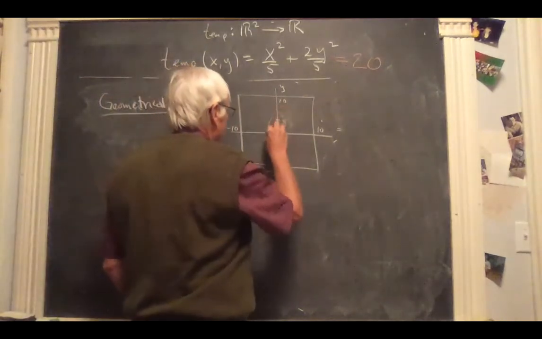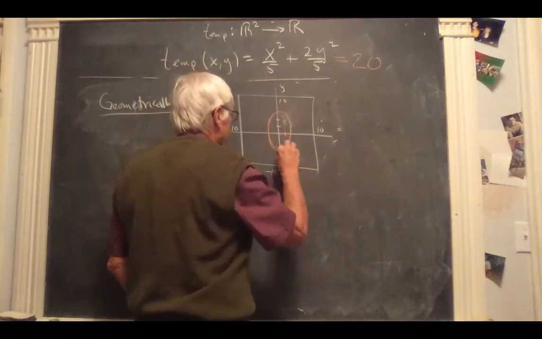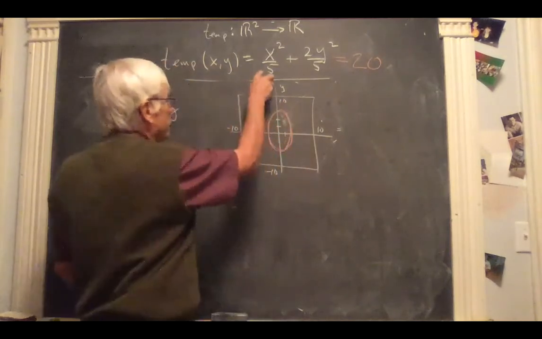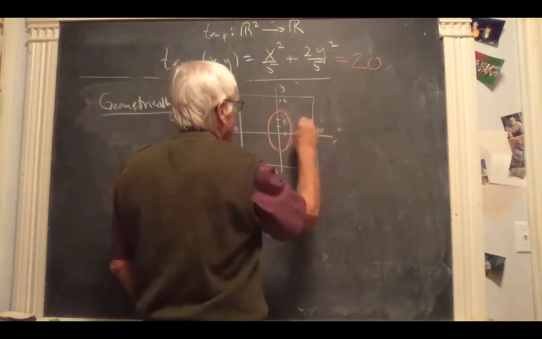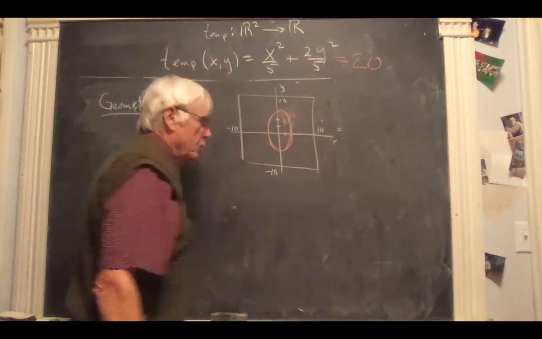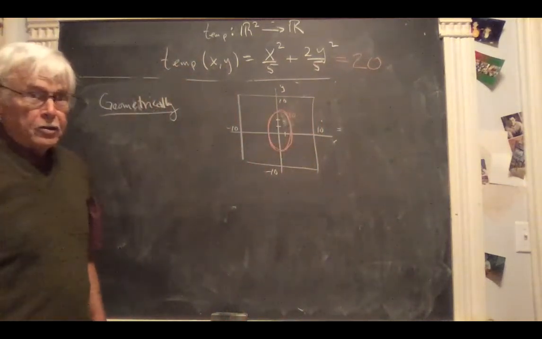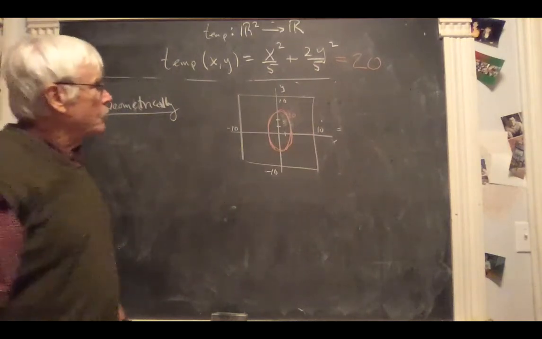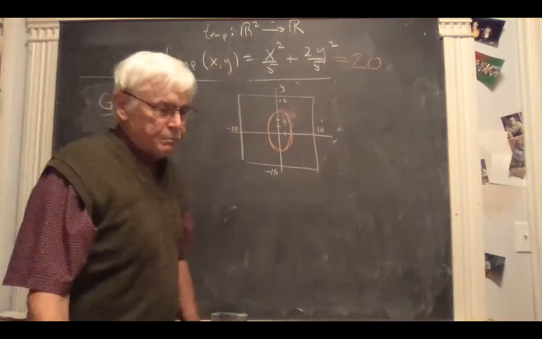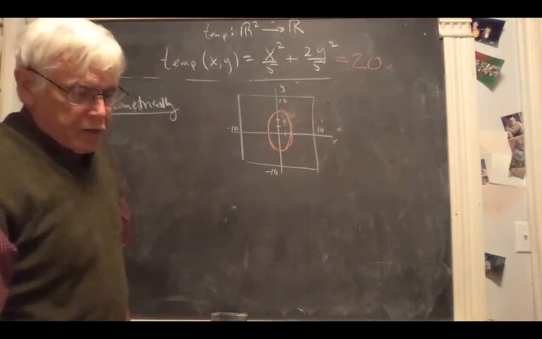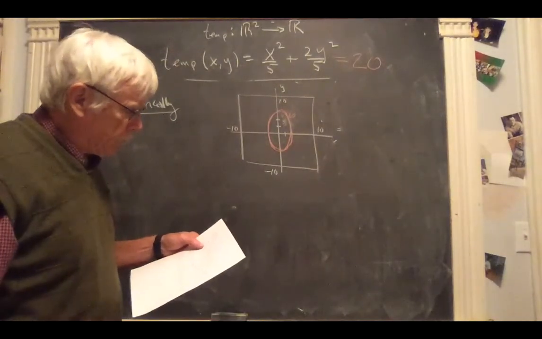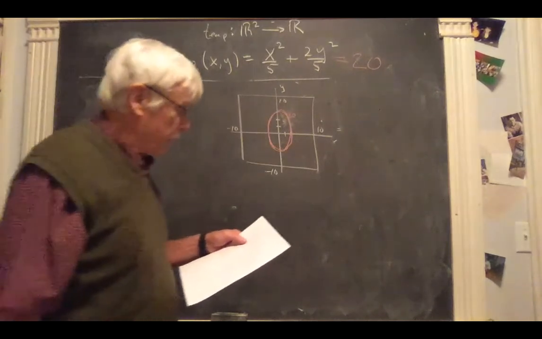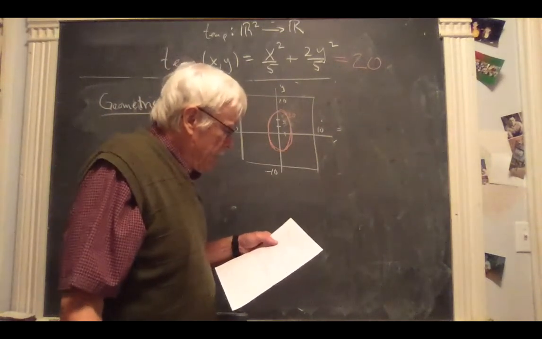And if we do that, we get some kind of an ellipse whose equation is x squared over 5 plus 2y squared over 5 equals 20. And this is called the contour of level 20 for this temperature function. And the next lines on your sheet work with this. The very first line after the 6th line is exactly this.